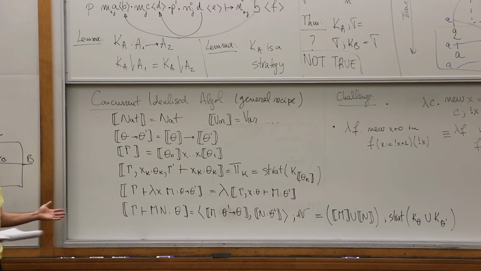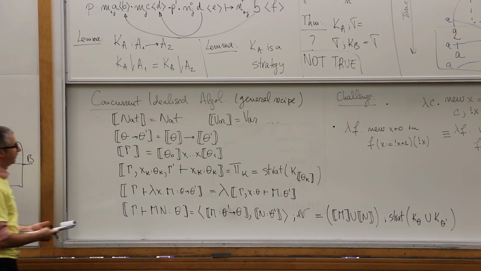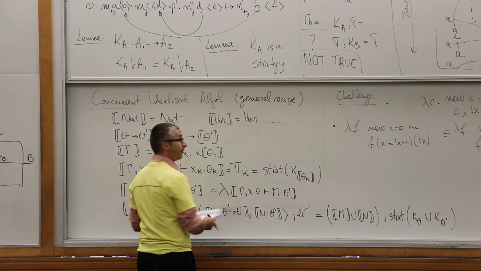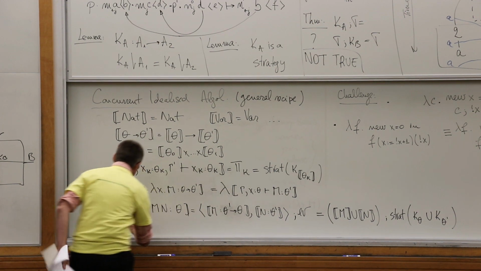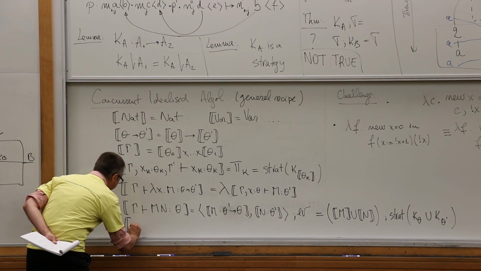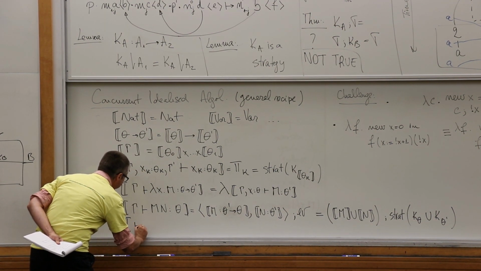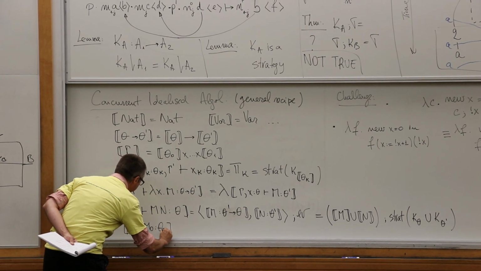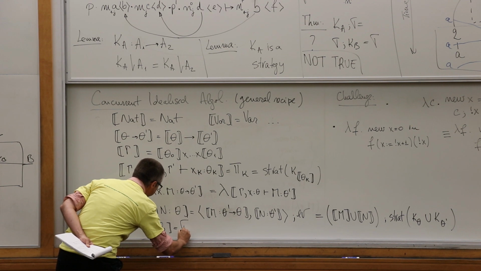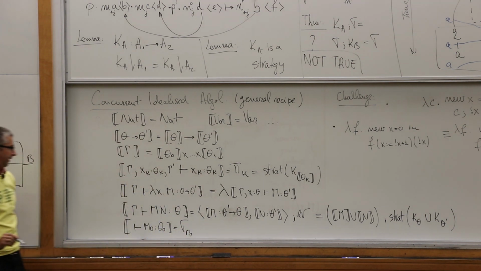And finally, we have our constants. The constants are defined just as we said. So if I have some constant, let's call it M0 of 0, that's just going to be the strategy for that thing, which we have already defined.